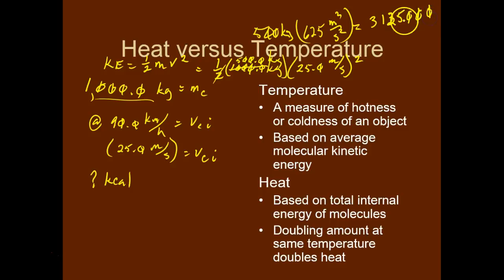I think it's got another 0 in it. Okay, let's go back. 625 times 500 would have a 0 there, a 0 there, a 5 there, a 2 there, a 3. Yeah, 312,500. Okay, what units?